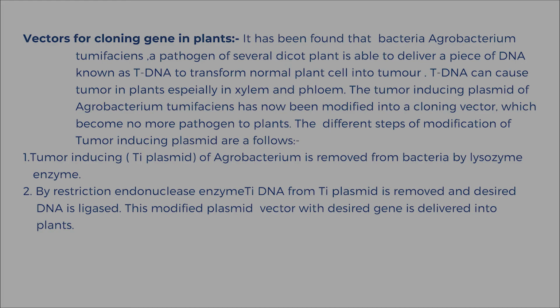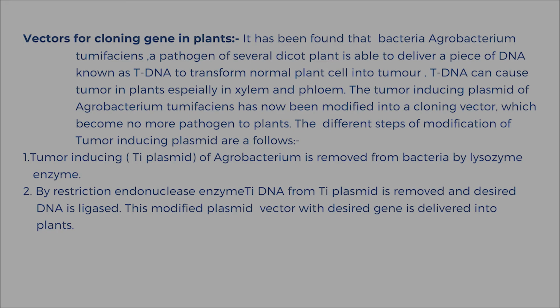So the scientists removed the tumor-inducing TI plasmid from the cell and modified it into a cloning vector, which is now no more a pathogen to plants. The different steps of the modification are as follows.